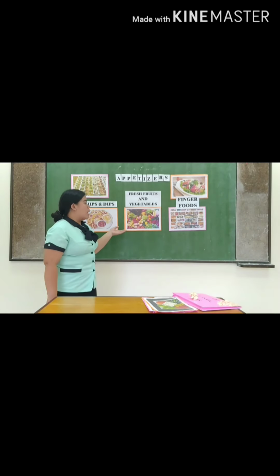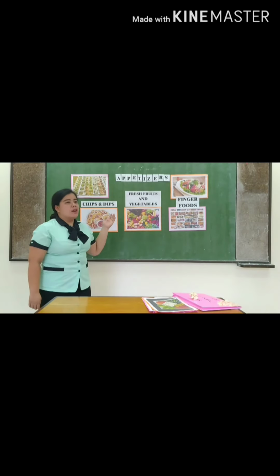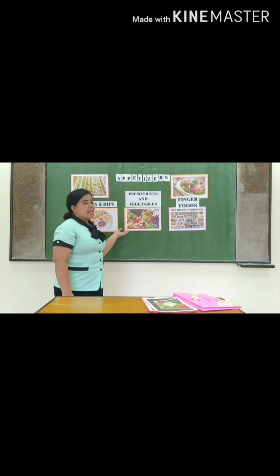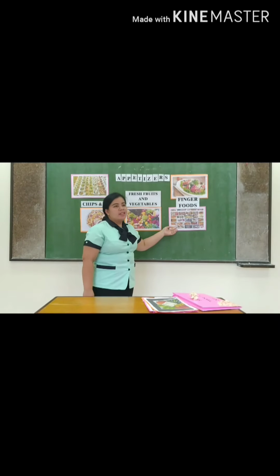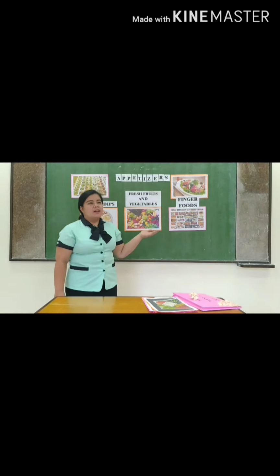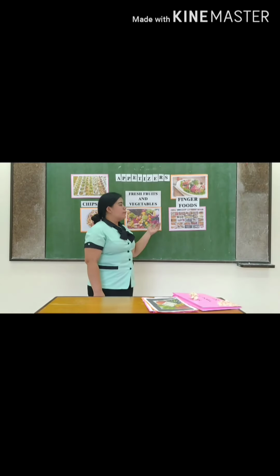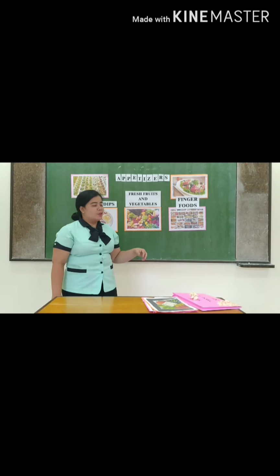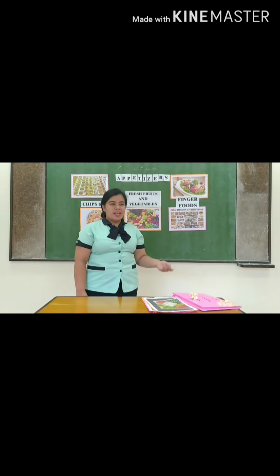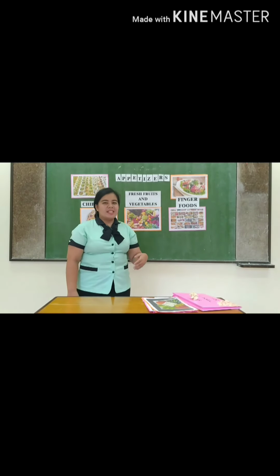So it will stimulate our appetite due to its color, taste, and aroma. Next type of appetizer is the finger foods. So we usually see it in a feast, like lumpia, meatballs, and other foods that will be eaten with the use of our fingers. Do you have any questions or clarifications about our topic?